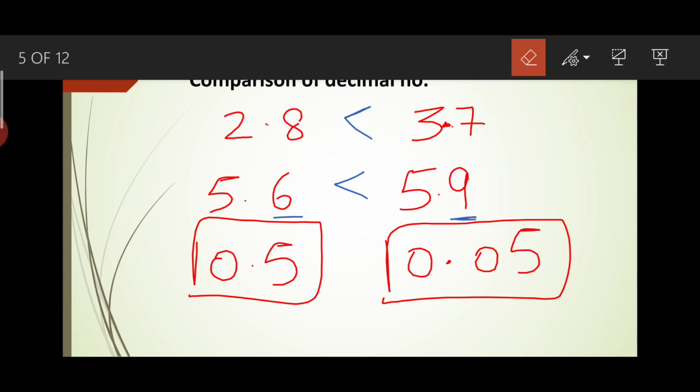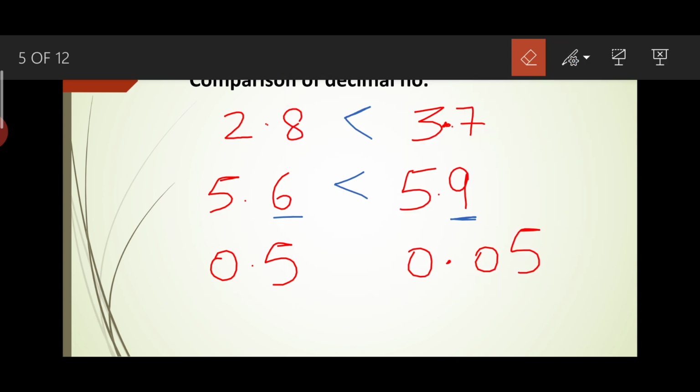You have to compare the values similarly to how we did in our first step. First you see the value before the decimal, it is the same, then you move to the value after the decimal. You can see here it is 5, here it is 0. In 5 and 0, which value is greater? 5 is greater than 0, so we can say that 0.5 is greater than 0.05.